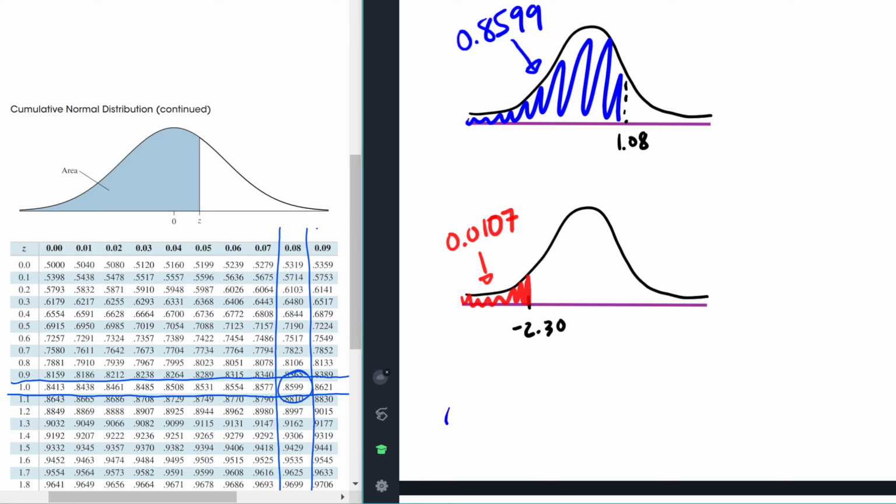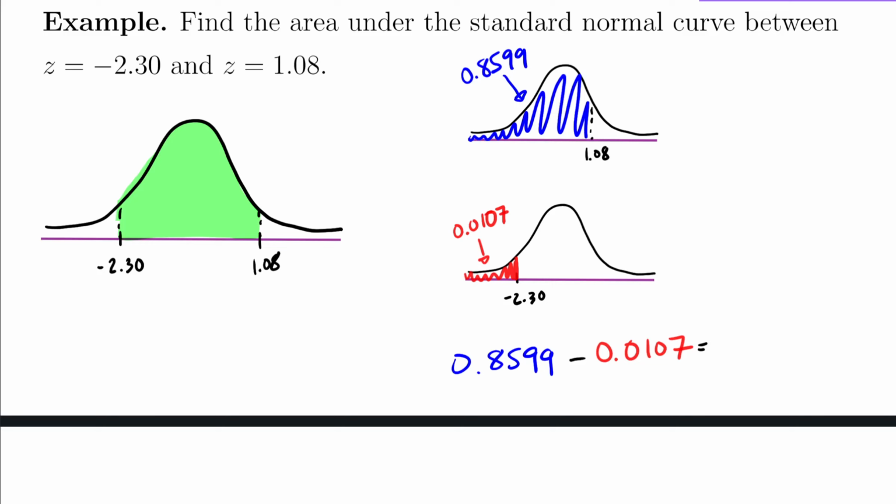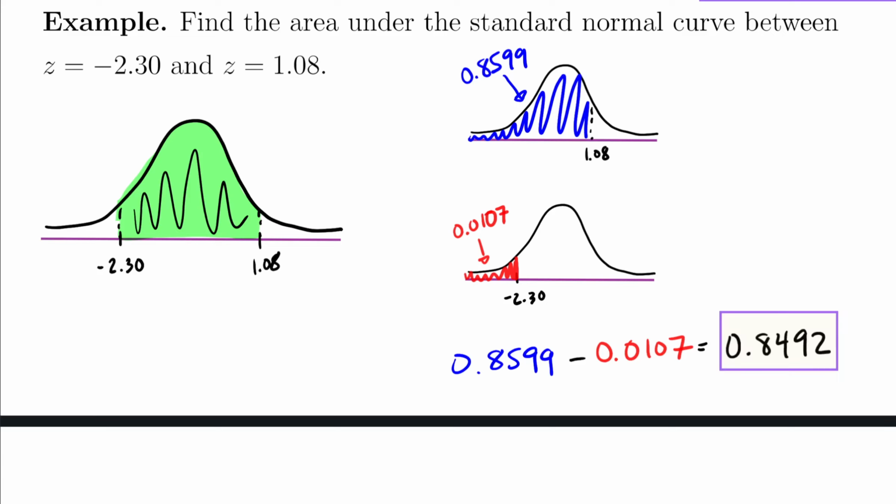And then we know we can take the larger value, subtract the smaller value from it, and that will get us exactly this area in the middle that we're looking for. Now that will be when we subtract, 0.8492.